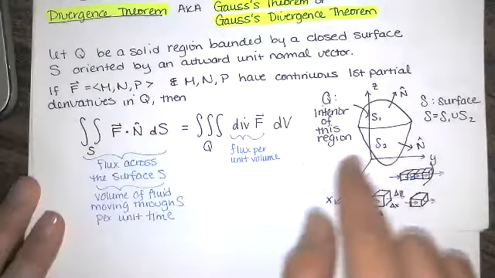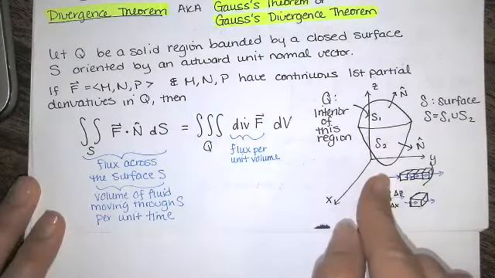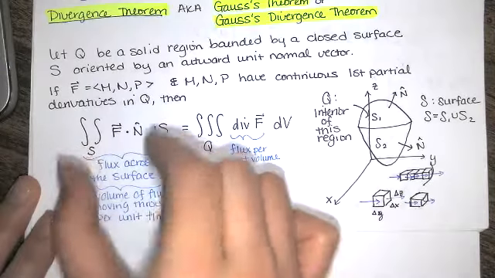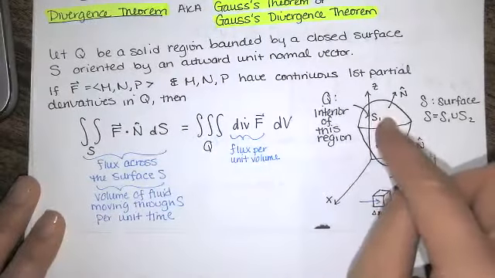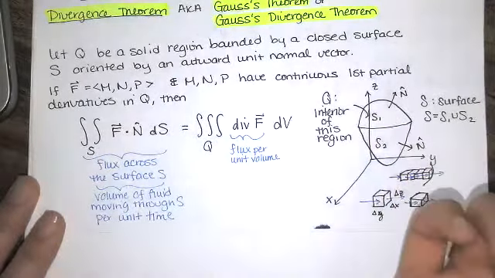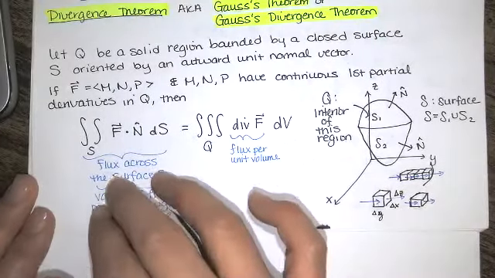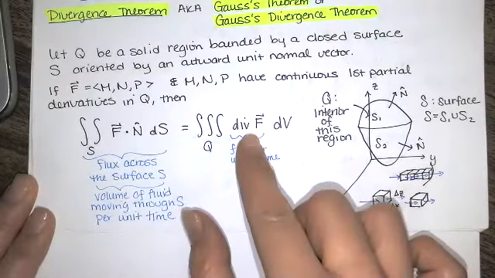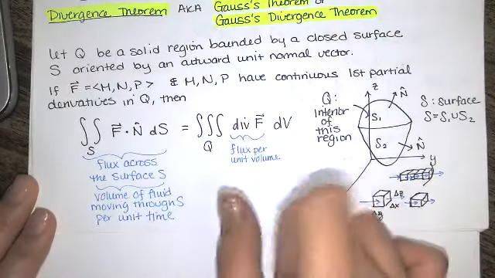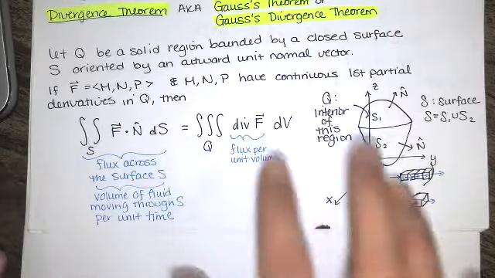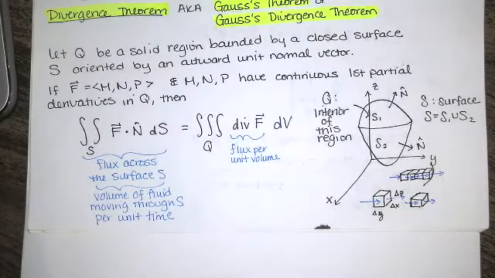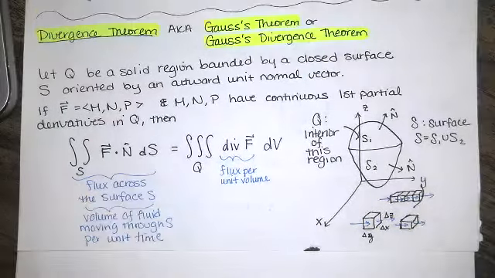Then I project that surface onto the XY plane and evaluate a double integral, and do the same thing for the other surface, and add those together. It's much, much simpler to just find the divergence of the field and take its triple integral over Q. So this is a very nice theorem. Gauss came up with it. He's kind of a big deal.